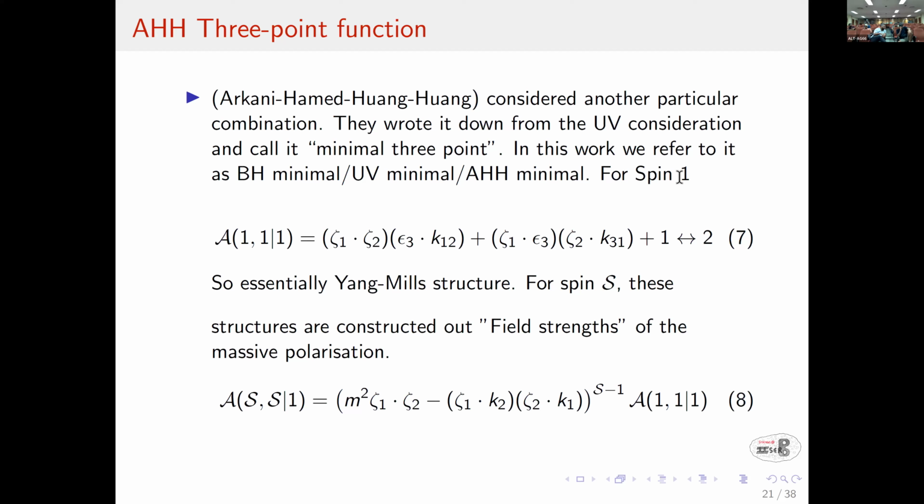For spin 1, this combination reduces to the Yang-Mills structure. For higher spin, this is some particular linear combination, but that's basically the statement that the black hole 3-point function is this. Which means if one wants to understand black hole scattering, then one should do the computation with this 3-point function.